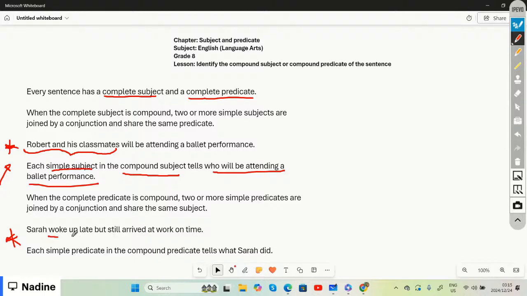So woke up late, arrived at work on time. That is our compound predicate, and it is joined by a conjunction, which is but. So that sentence tells us what Sarah did. She woke up late, but she still arrived at work on time. So that is basically a sentence with two predicates.